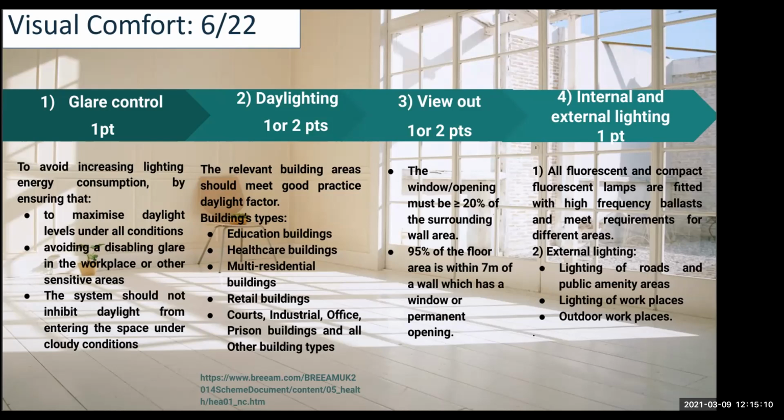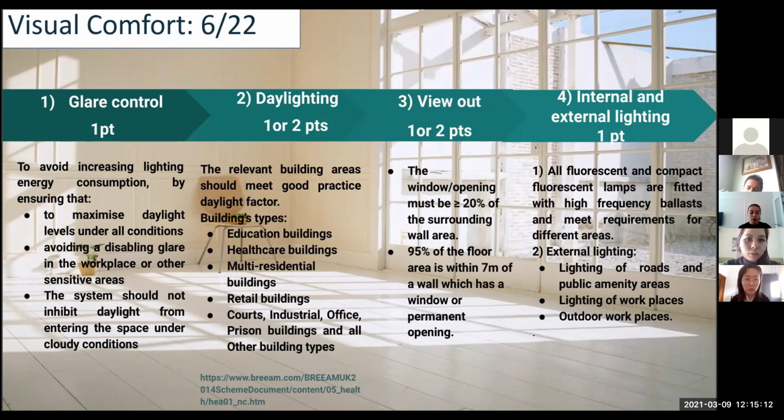So, for example, for education buildings, we have 2 points, while for retail buildings and multi-residential buildings, you have 1 point. And they have different requirements for daylight due to the purposes.